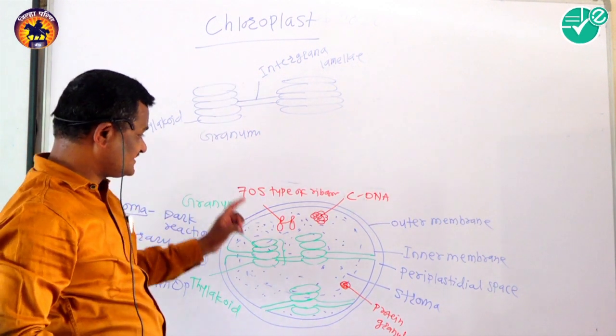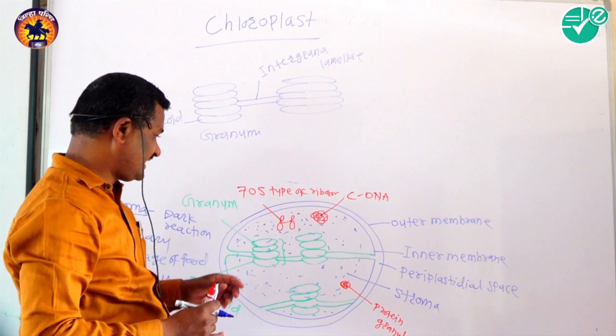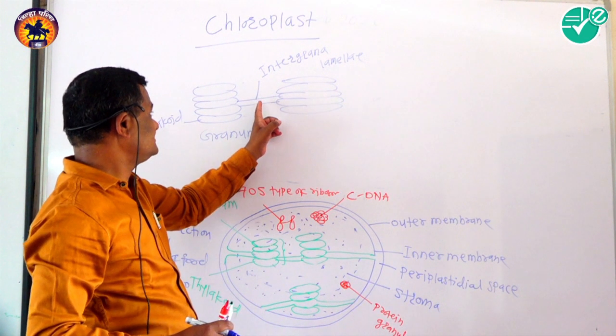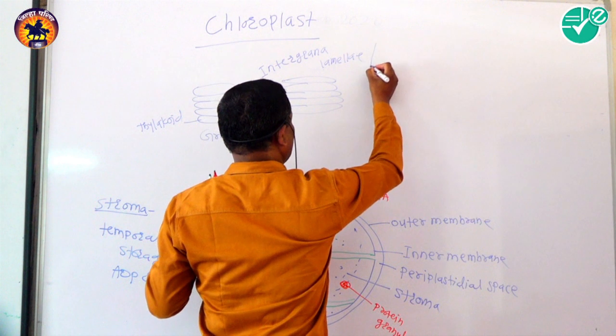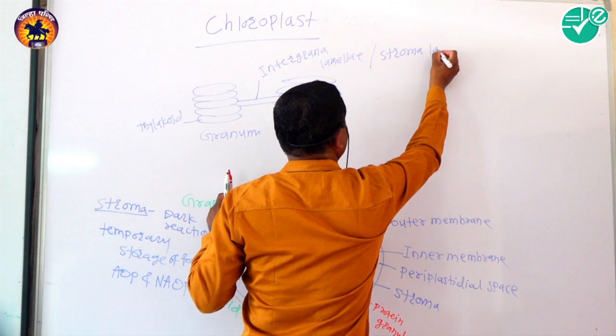Intergrana lamellae is also called stroma lamellae.